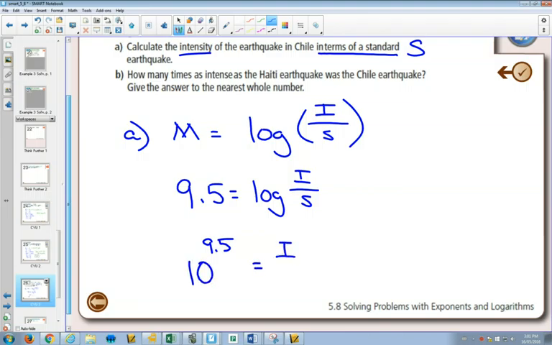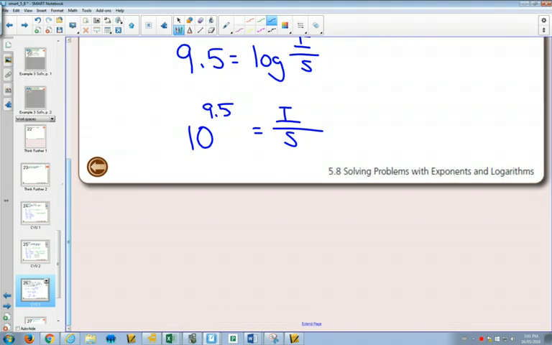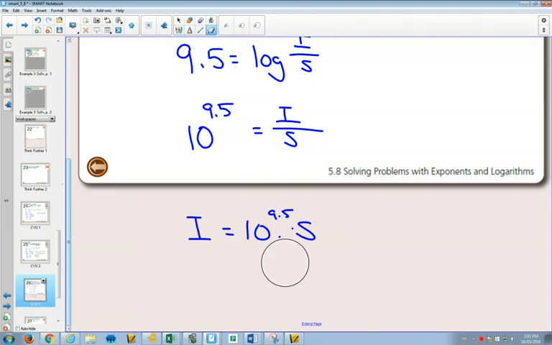The answer is I over S. So to solve for I, we would multiply both sides by S: 10 to the power 9.5 times S. And so the intensity is 10 to the power 9.5 more than what is considered the standard measurement. And if you wrote that as a number, it's huge. It's a very, very big number. And that's why it's gone to a logarithmic scale.